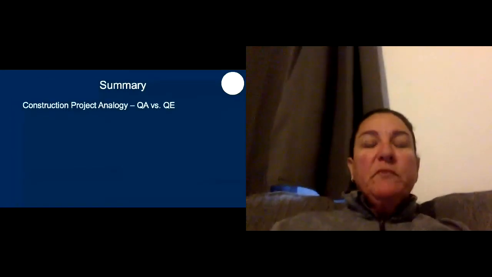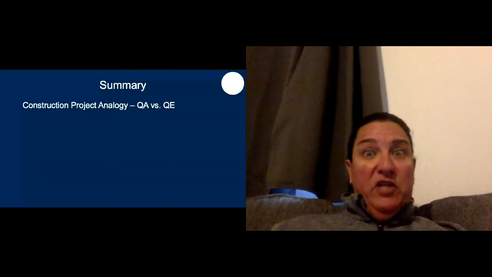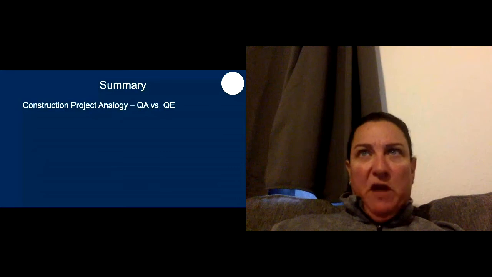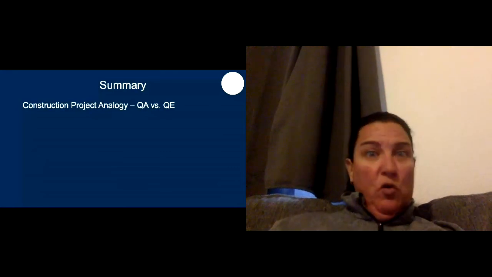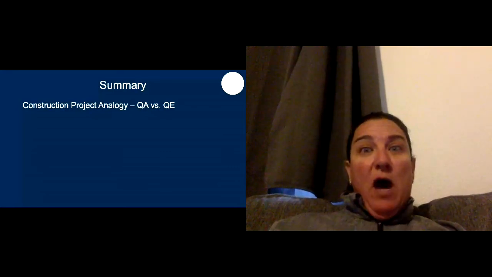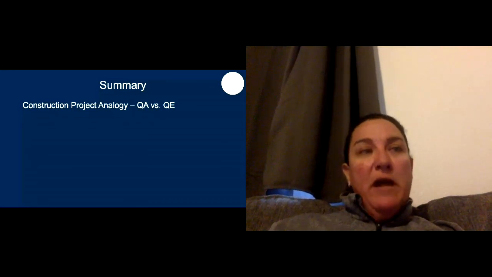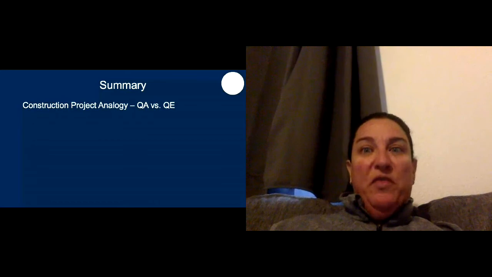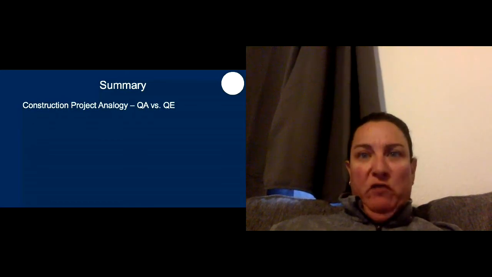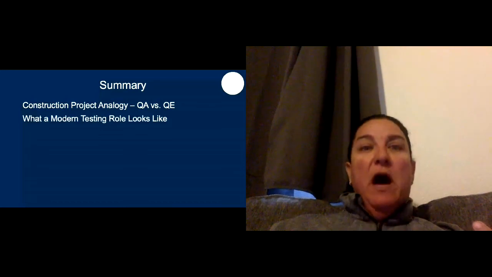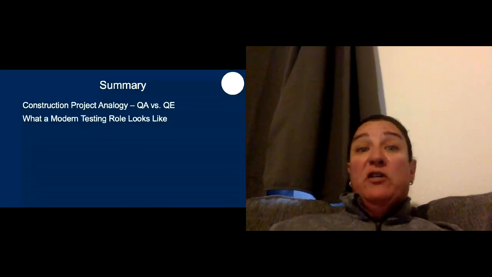So the construction project analogy, QA versus QE. QA as the inspector has been the traditional, old school way of thinking about the role of quality assurance on a team. And we are now replacing that with the modern quality engineering role, much like the general contractor of a construction project. Talk about what the modern testing role looks like.